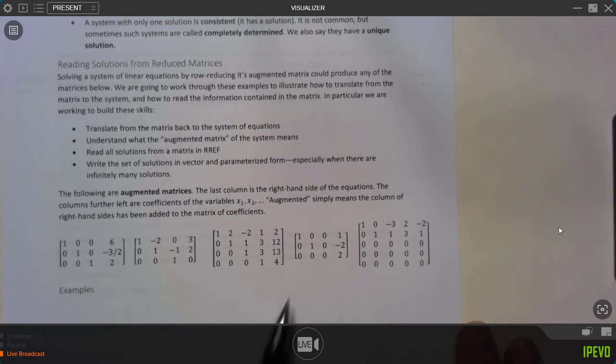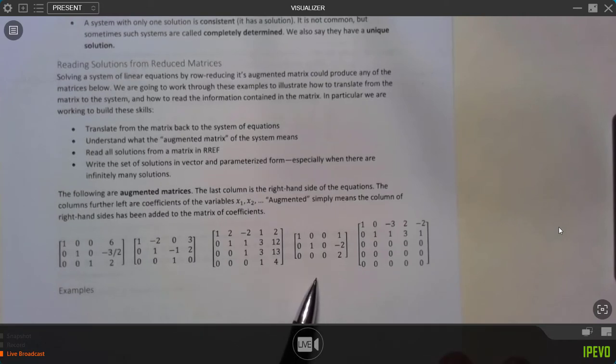If you scan across here, first non-zero is a 1, same all the way down through there. Now, it does not mean, however, that we're always going to get 1s down the diagonal and 0s above and below, because you'll notice in this case, well, that's not quite reduced. That would need to have a 1 there. You can get it by dividing this by 2.